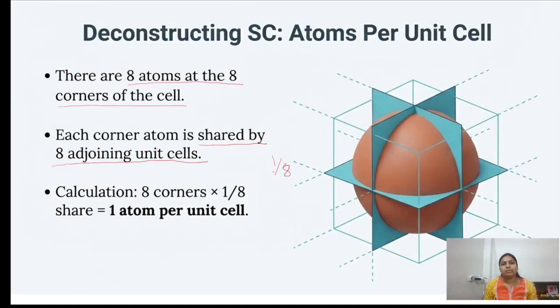So the total number of atoms per unit cell is 8 corners multiplied by 1 by 8, which equals 1. So the number of atoms per unit cell is 1.